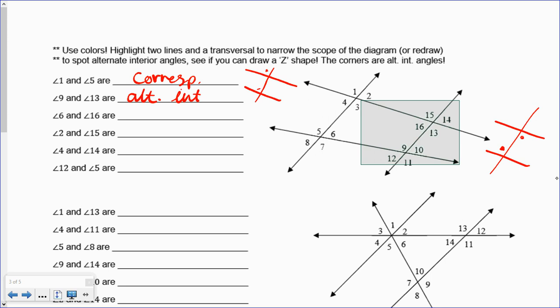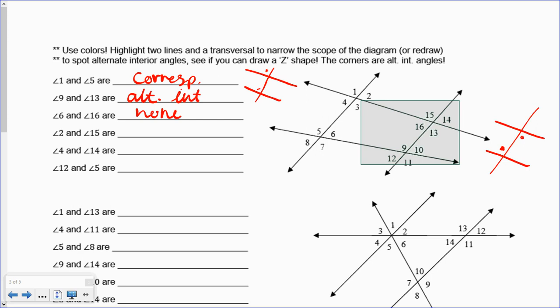All right, 6 and 16. How many lines total do you need to create angle 6 and 16 together? 4. How many lines are you supposed to use? 3. So what do you think? None. The answer is none, and this is significant because sometimes angles don't have a relationship and we have to work with them differently.